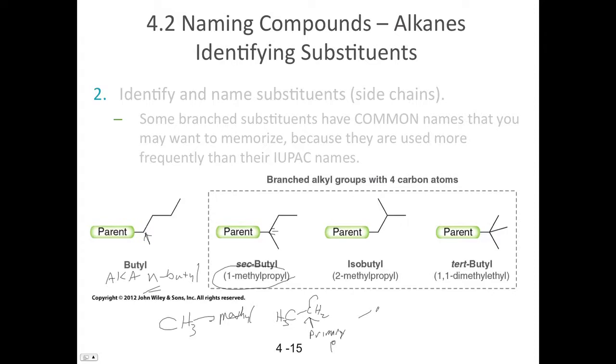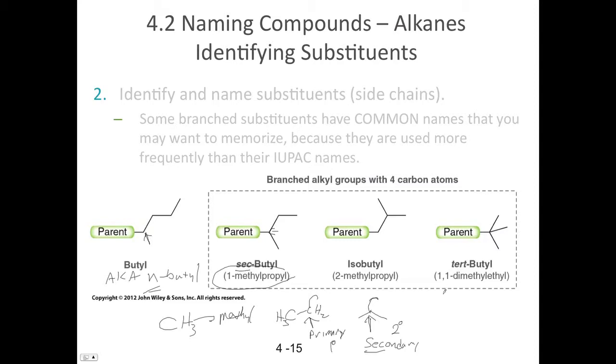This guy here, and right now we'll just draw it all in bond line notation to save time. This guy here, if it's a secondary carbon with a hook on it, this carbon right here is a secondary. Secondary, hey, this is where the sec comes from. Secondary is a 2 with a little degree sign right there.